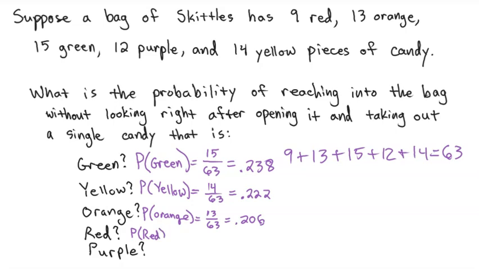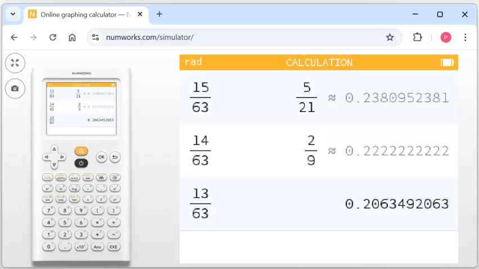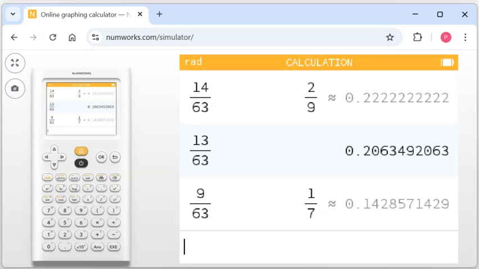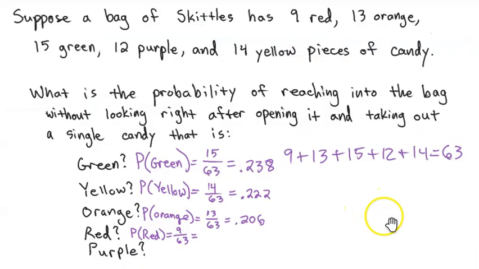The probability of grabbing a red candy: there are 9 red candies, so it's 9 out of 63. 9 divided by 63 is 0.14, but there's a 2 here, and the 8 is going to tell you to move this 2 up to a 3. So we're going to say 0.143.